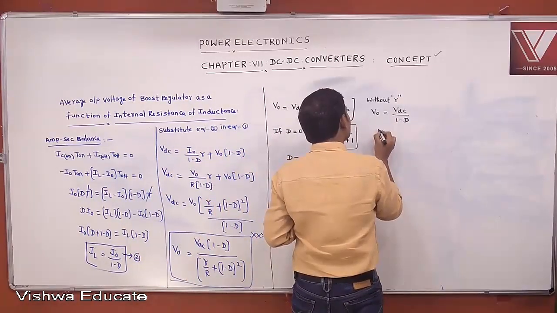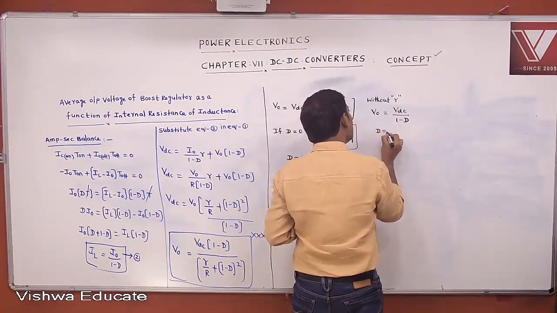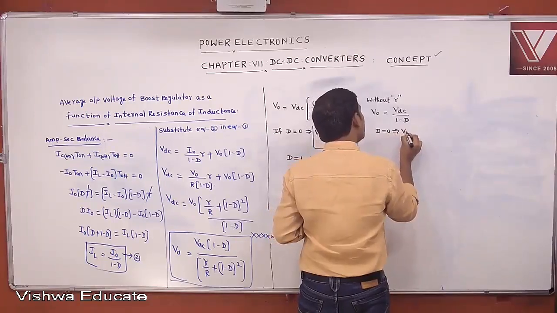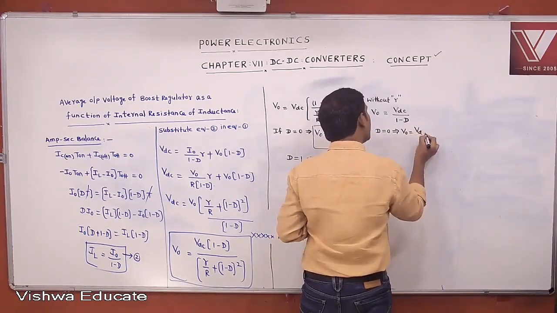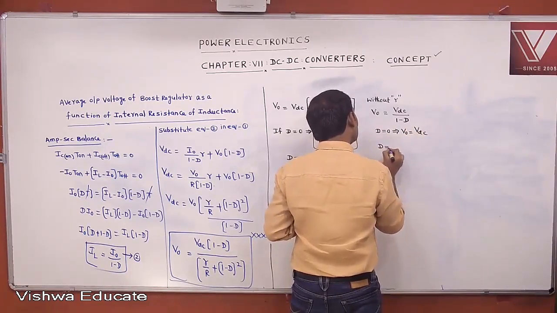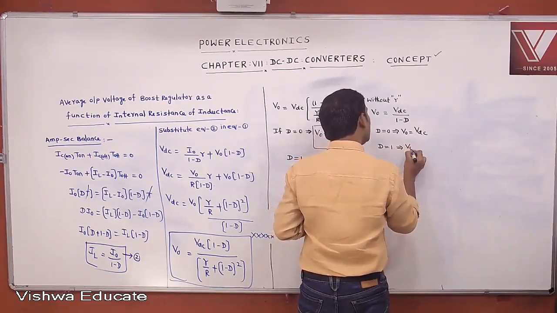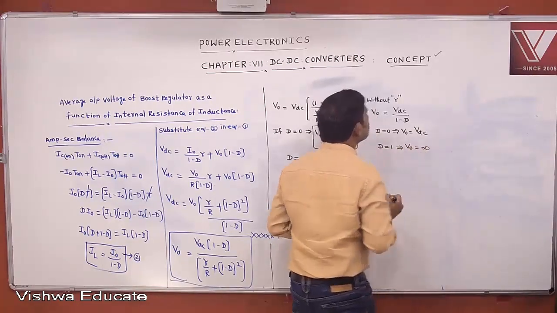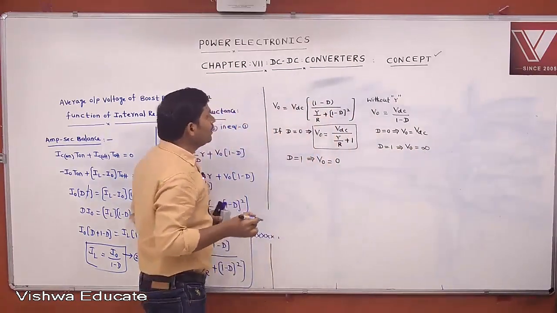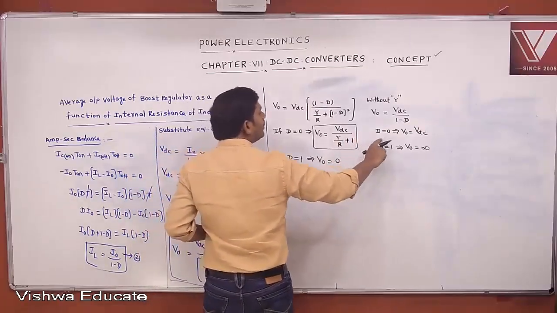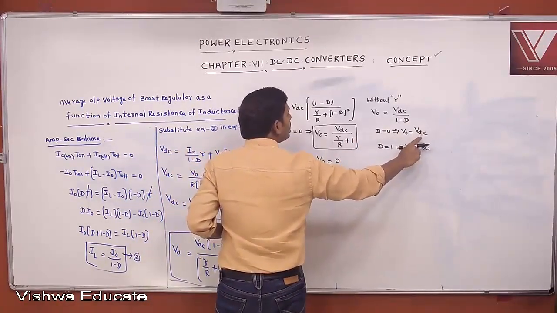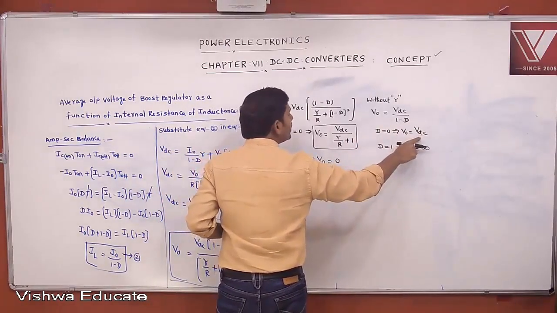Then in the ideal case, for D equal to 0, V naught equal to VDC. For D equal to 1, V naught equal to infinity. That means ideally V naught equal to VDC you can get, but exactly VDC you don't get in the practical case.